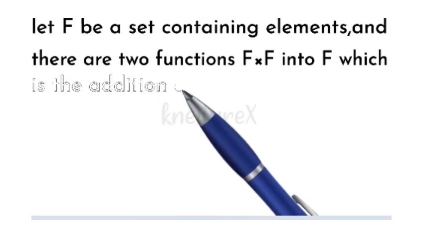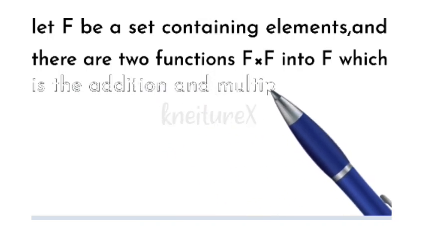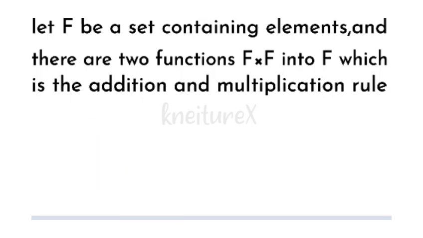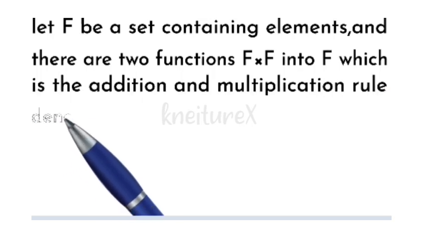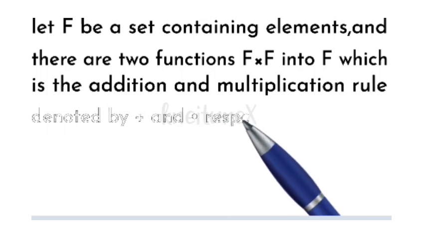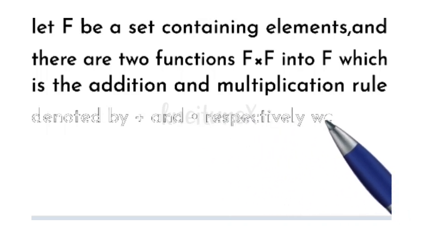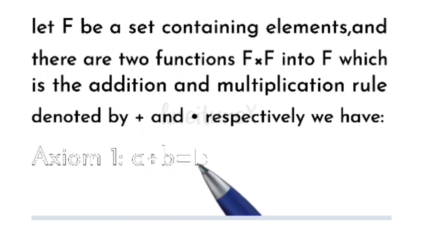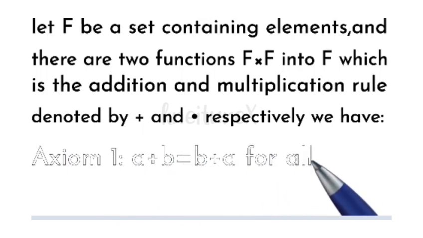Onto itself. That is, when we talk about reflexive functions, we talk about reflexive fields. So we have a Cartesian product of F cross F. So the element in F is related, when we bring in relations, to the elements in F, which is a reflexive form. So there are two functions, F cross F into F, which are addition and multiplication, denoted by our plus and our multiplication, which is dot.